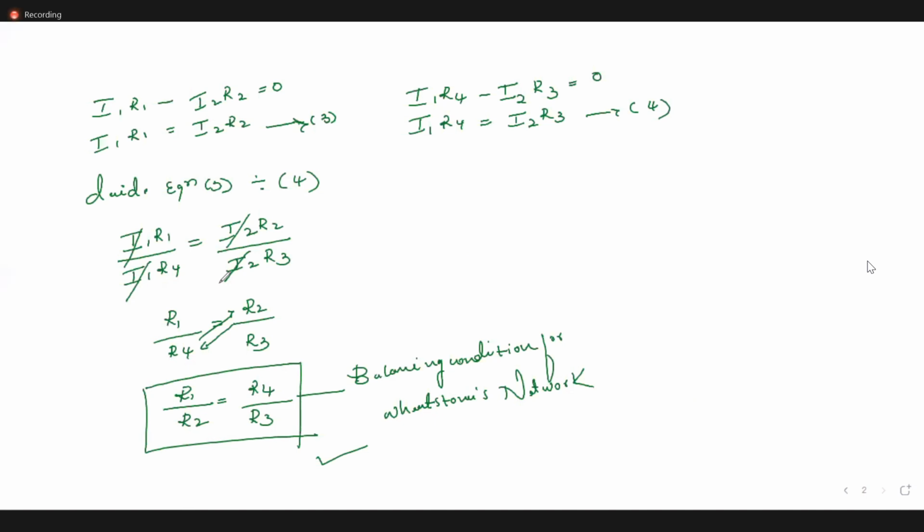Ma'am, this is the question number. Check the Wheatstone bridge from the third chapter. I don't know the question number. I got the random questions from the students. That is the thing I am doing.